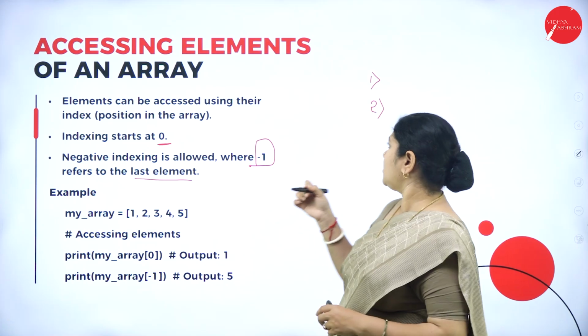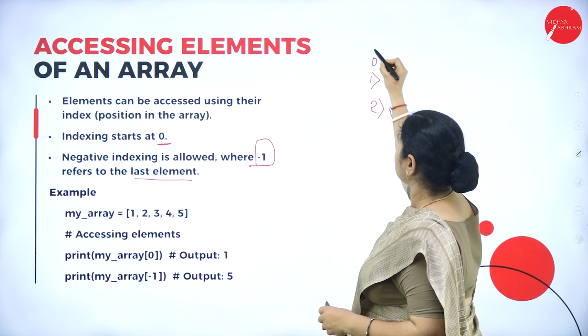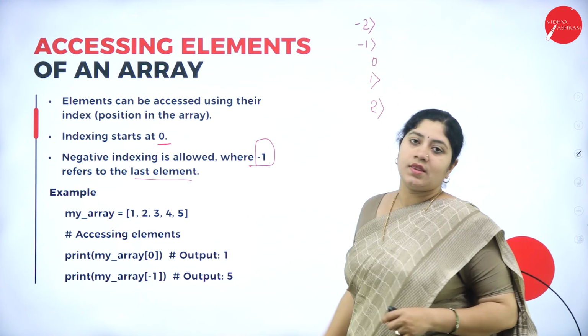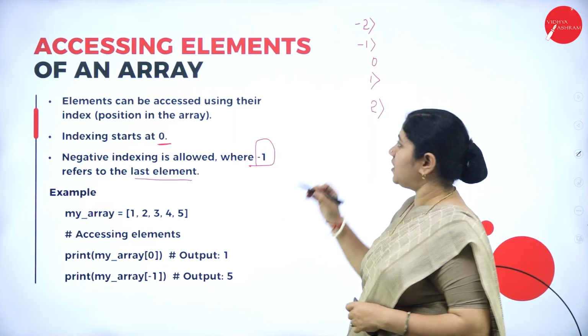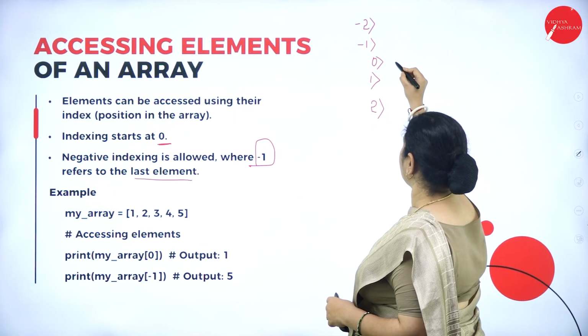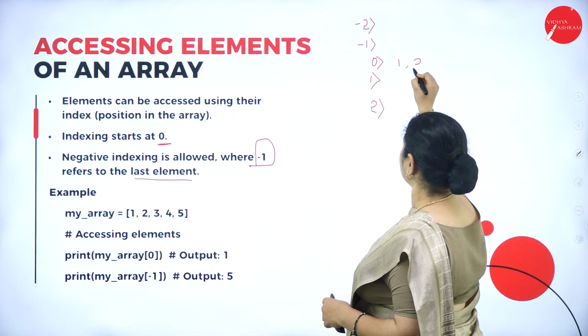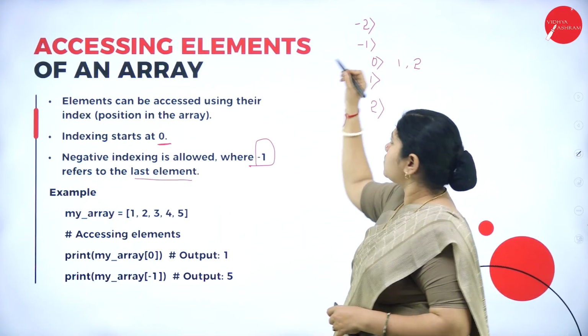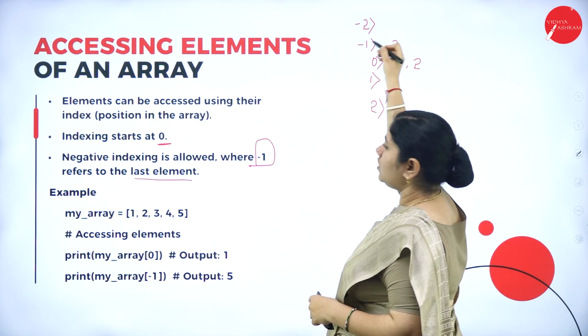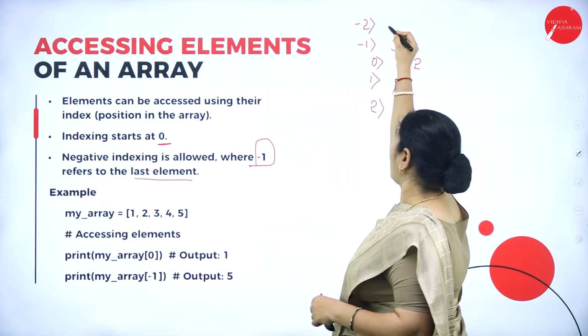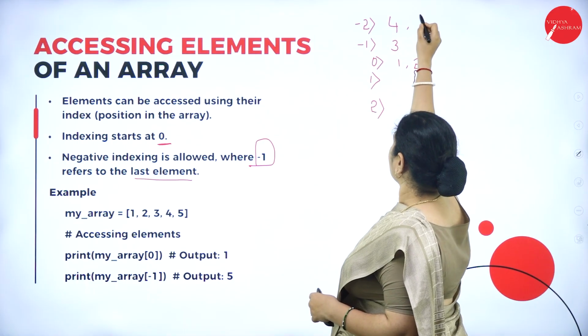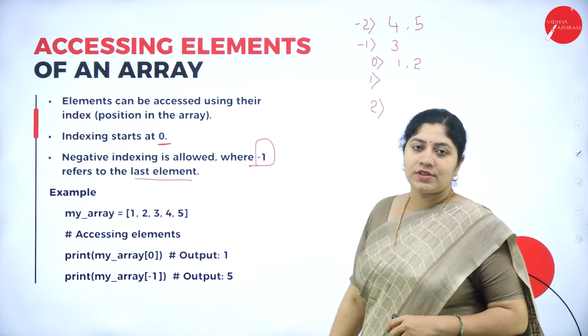So let's consider an example. So this is 0 and minus 1. Now let's say we have some elements under 0, that is 1 comma 2, followed by under minus 1 we have an element 3, and under minus 2 we have elements 4 comma 5. Great.